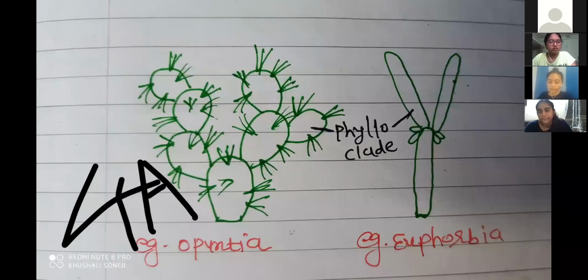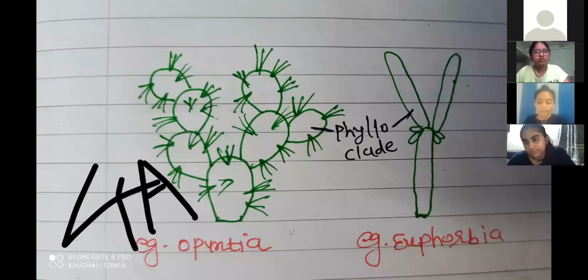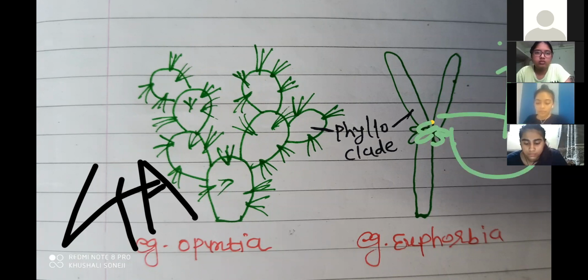See, on Euphorbia, leaves are present. If you can make out over here, very small leaves are present. Because in the arid region, if the leaf is large, then so much water is released in the form of water vapor by transpiration, causing a water scarcity problem.